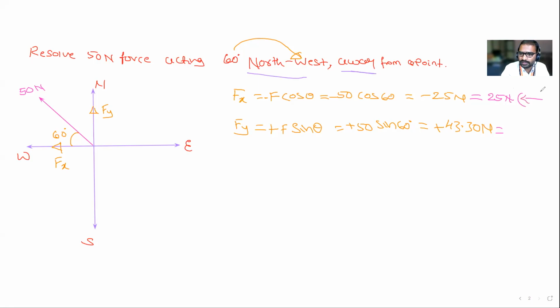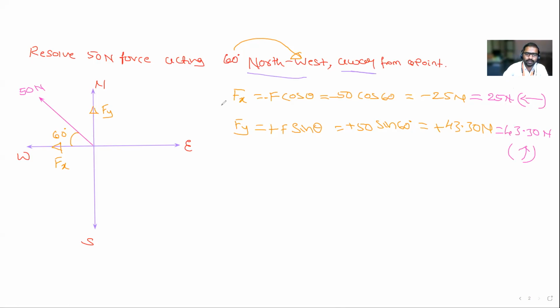Next, this 43.30 Newton, don't write plus, directly write 43.30 Newton. Is it moving upward or downward? Upward direction. Like this also you have to write. Is it clear, everyone? Yes, sir.